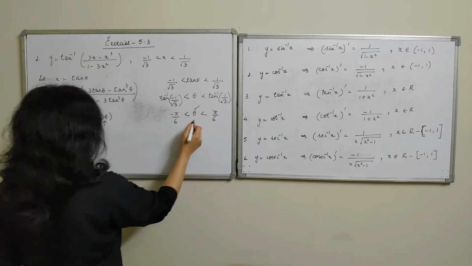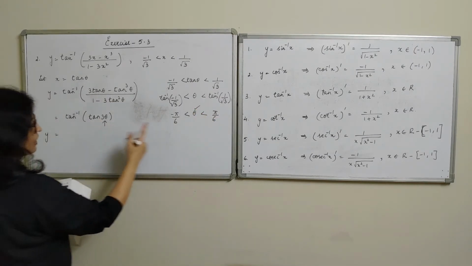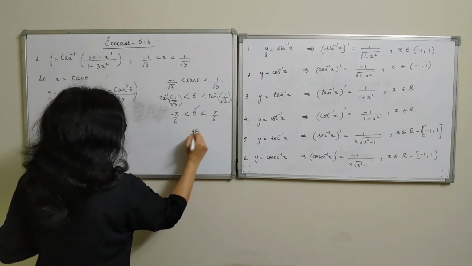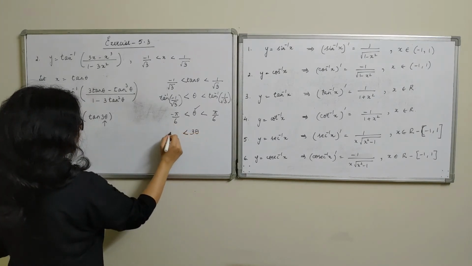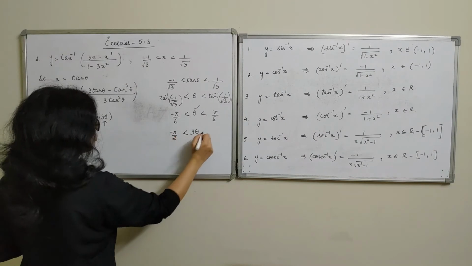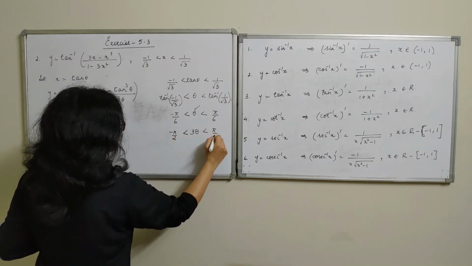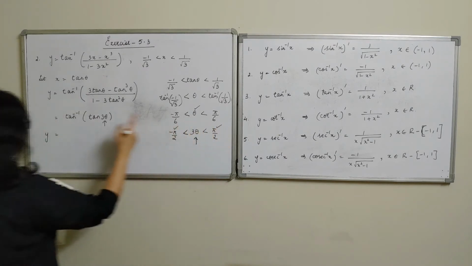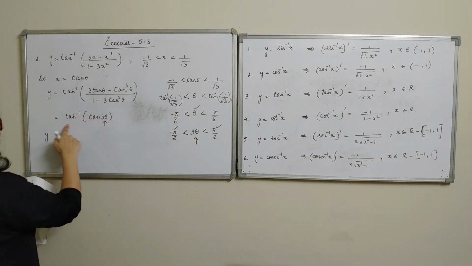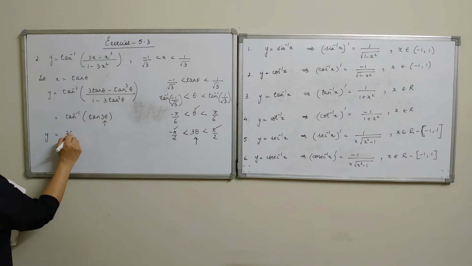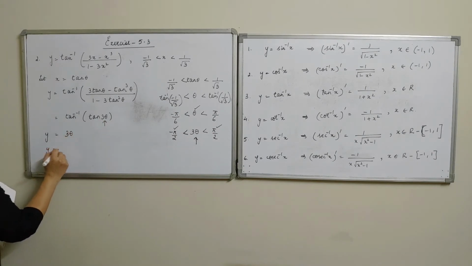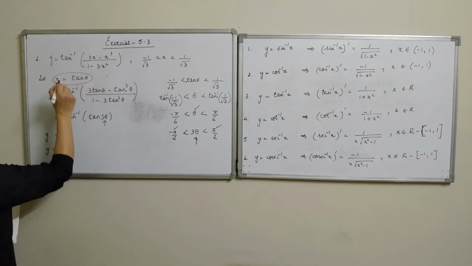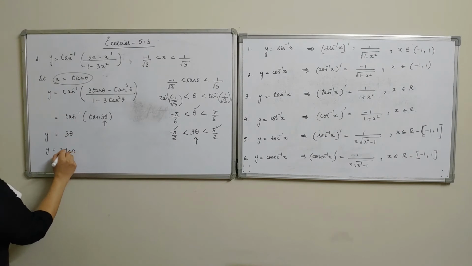So we have got an angle theta. What we want is 3 theta. So multiply by 3 and we get here, multiplying by 3 we get minus pi by 2. Here we get pi by 2. So we know this angle belongs to the principal branch of the tan inverse function. Hence this result can be written as 3 theta, or from here theta is tan inverse x.